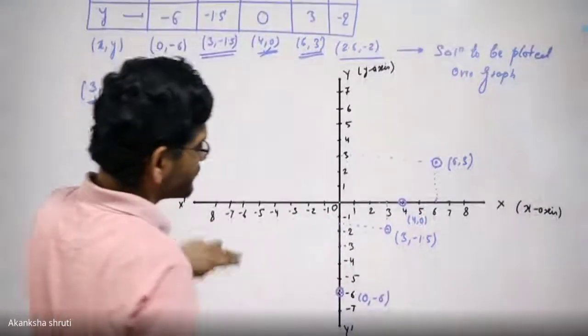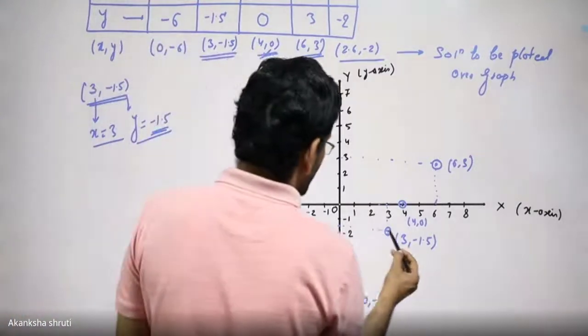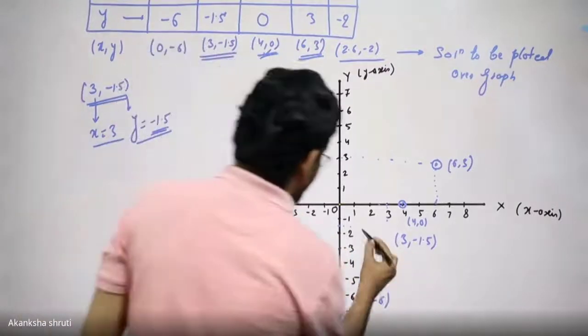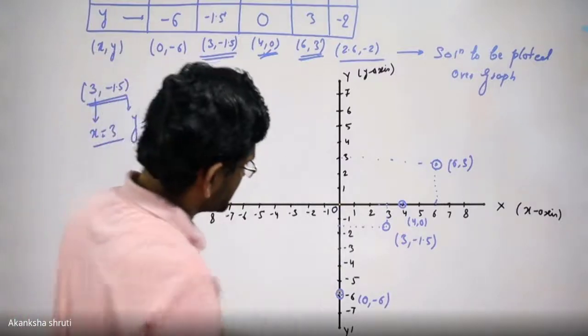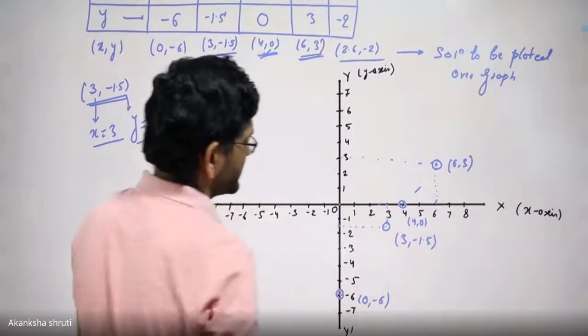So students, whatever points were given, we have plotted. While plotting on the graph, you will get very accurate results. Now join these points. What are you getting? Join, then join, then join.